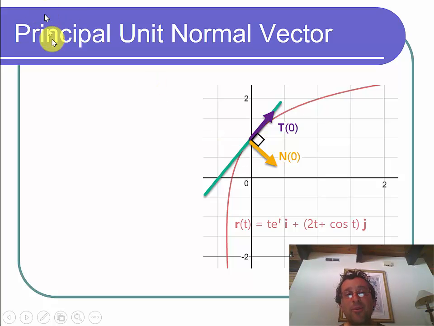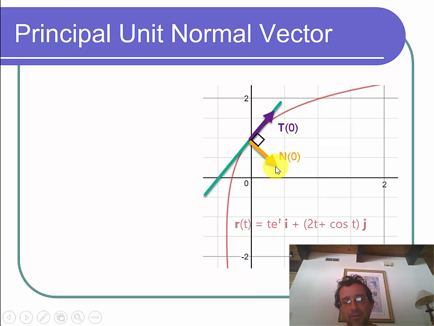So the principal unit normal vector will be defined as the unique vector that is perpendicular to the unit tangent vector that goes into the curve. Notice the curve wraps around this N of 0. So we want to find the unit normal vector that goes into the curve, and that's called the principal unit normal vector.